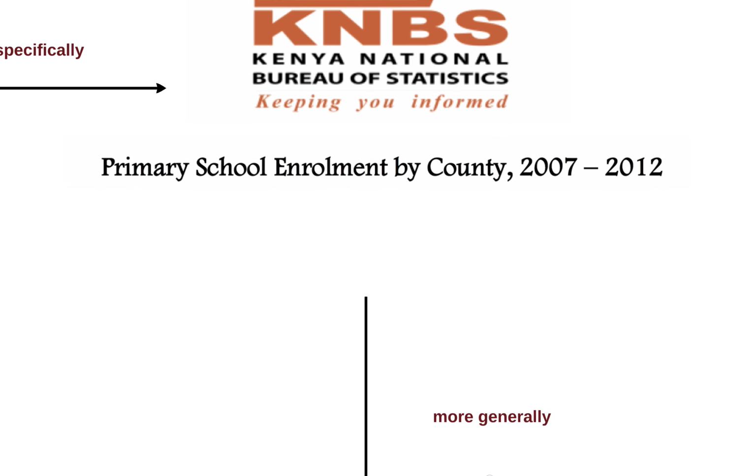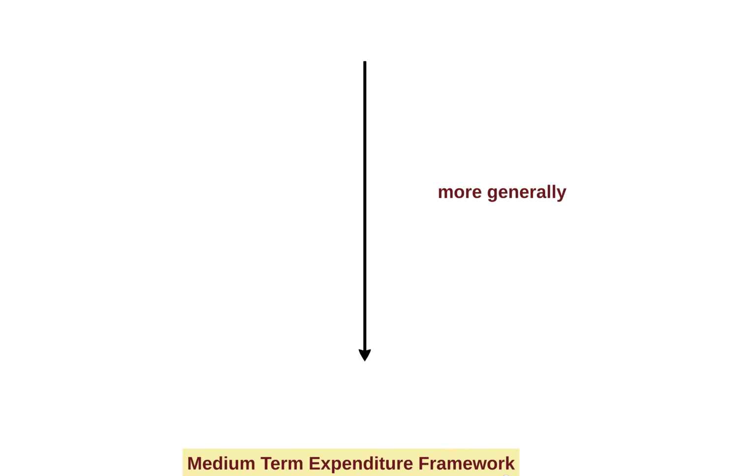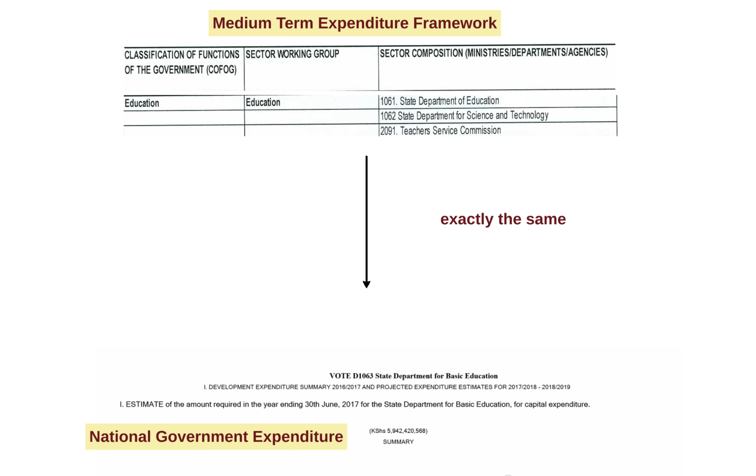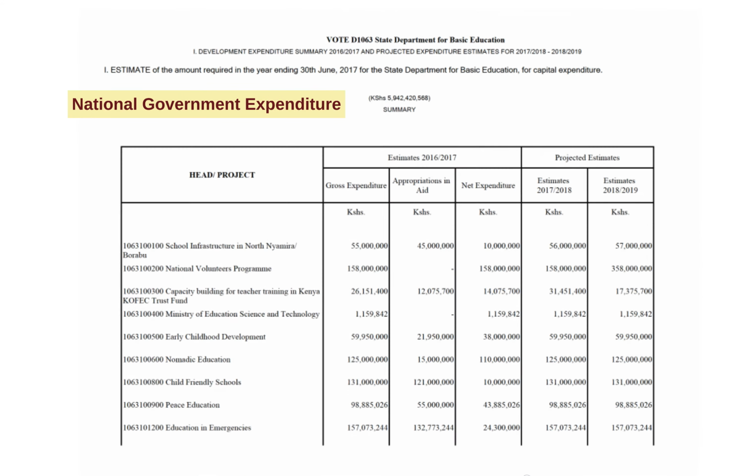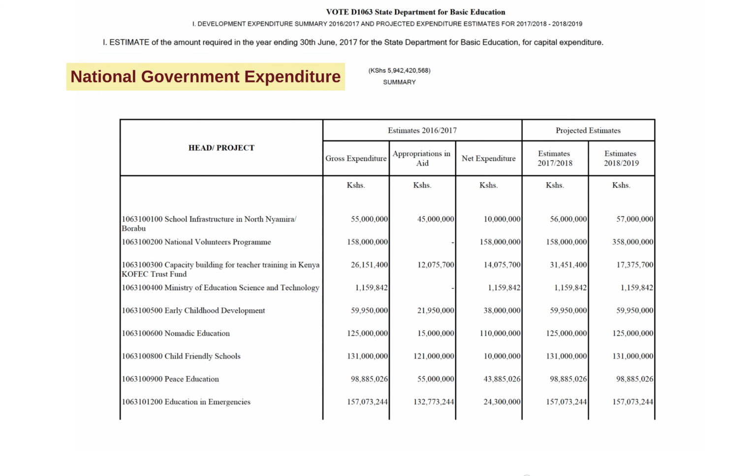This data can also be mapped to the broader sector education in the MTEF, and the ministries this classification includes are exactly the same as those used in the Kenyan government's budgetary expenditure records.